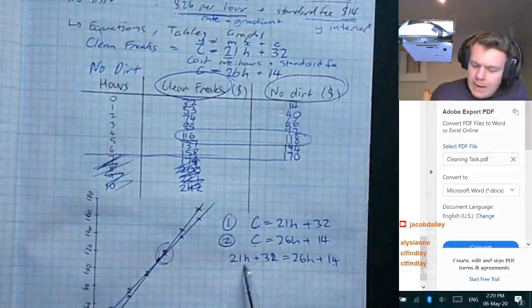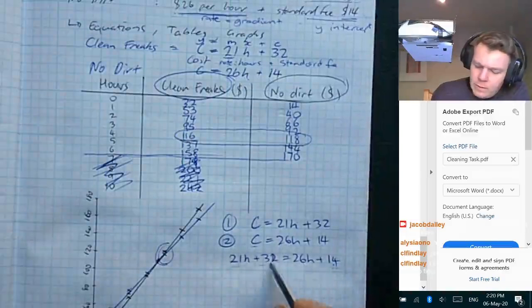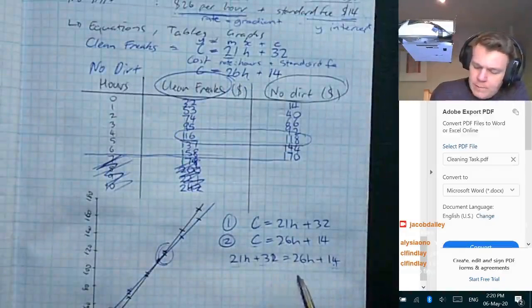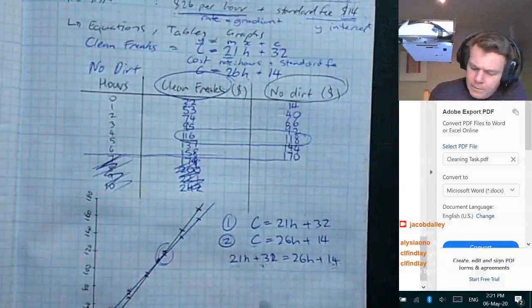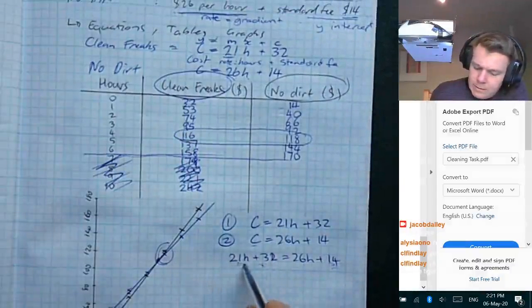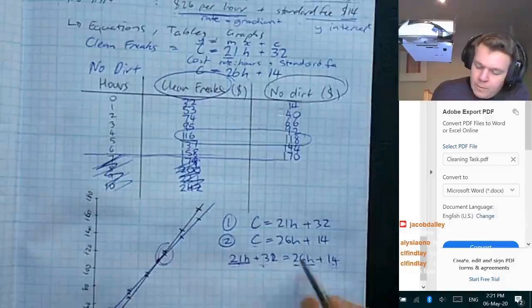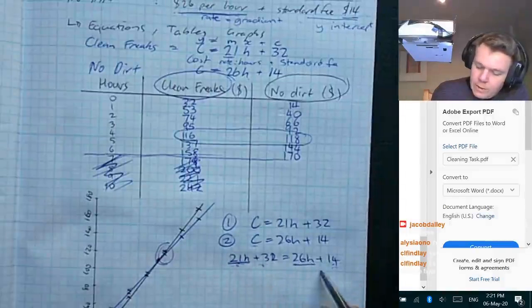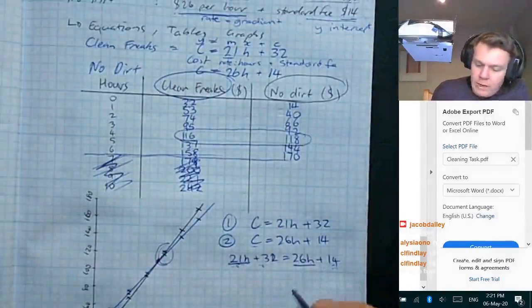So we want to put all the h's on one side and all the numbers on the other side. We'll put the numbers on the left and the h terms on the right, because if we move this 21 to the other side, it'll be subtracted from 26 and we'll end up with a positive number.